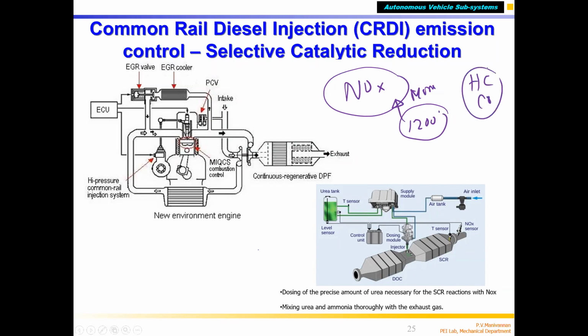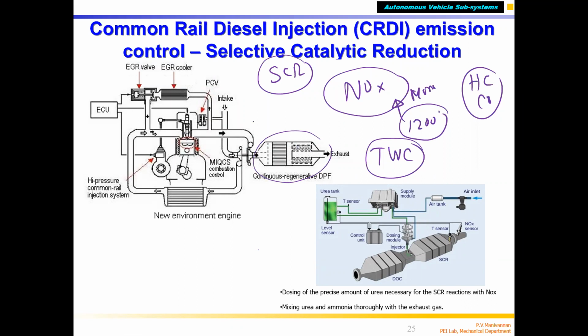So how to solve the NOx creation? Instead of the three-way catalytic converter, which was used in the petrol engine, here they put SCR, selective catalytic reduction. What you do is, in the tailpipe, in the exhaust of the diesel engine, you put the SCR.